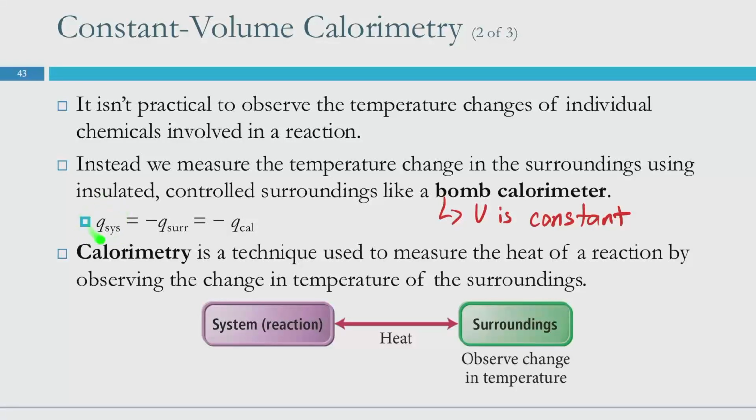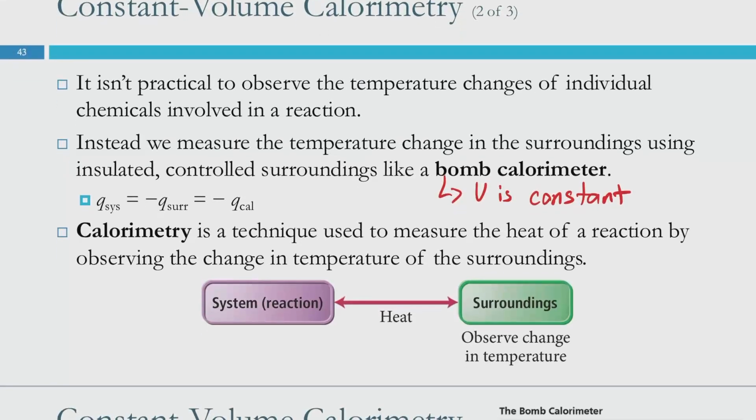And so the change in heat of our system is equal to the negative change in heat of the surroundings, which is the same as our calorimeter. So we're basically creating an environment where we're catching all of the heat from a reaction that's going on inside of that. Again, we'll see that on the next slide.